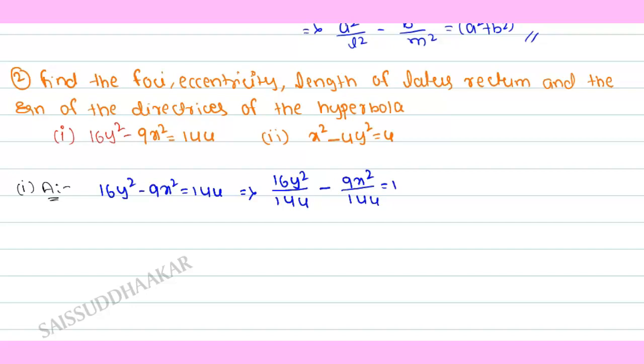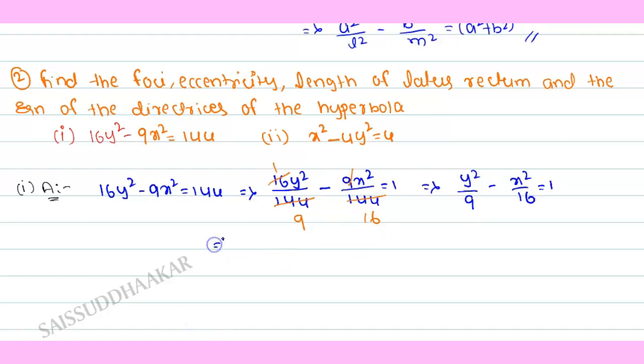Here we can cancel: 16 ones are 16, 9 sixteens are 144, and 9 ones are 9, 16 nines are 144. Leftover values will become y square by 9 minus x square by 16 is equal to 1.